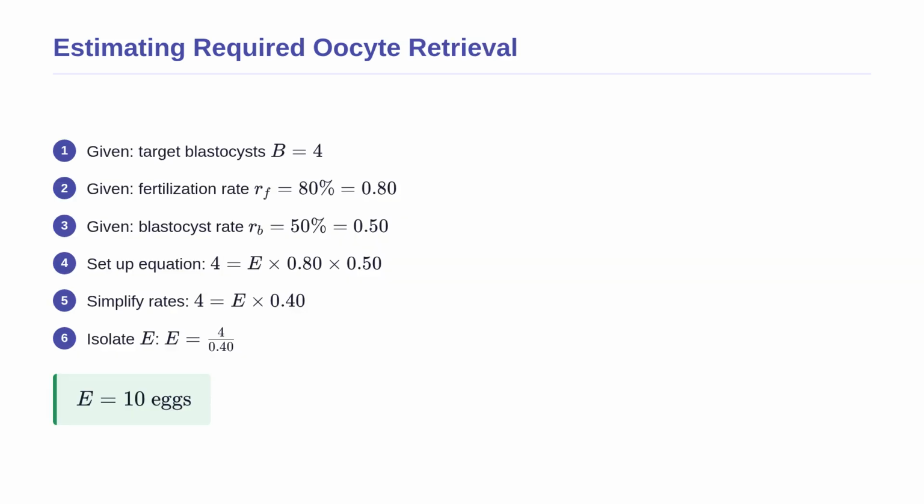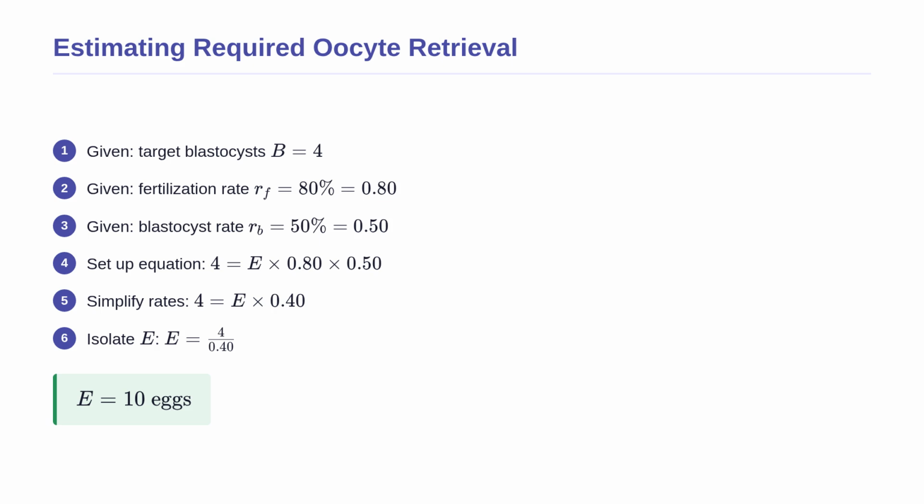Let us apply this equation to a real clinical scenario. A doctor wants to guarantee a yield of exactly 4 viable blastocysts. Historical data shows an 80% fertilization rate and a 50% blastocyst development rate. We start by identifying our knowns. B is 4, RF is 0.80, and RB is 0.50.